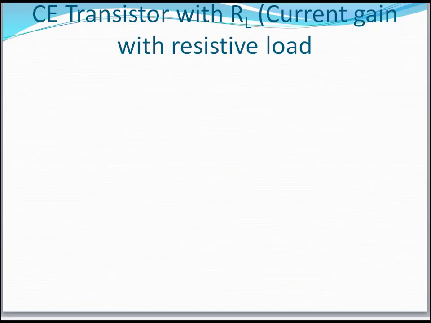First of all, as we know that the value of k is very much greater than 1, because this is voltage gain, it's very much greater than 1 in case of the common emitter transistor.